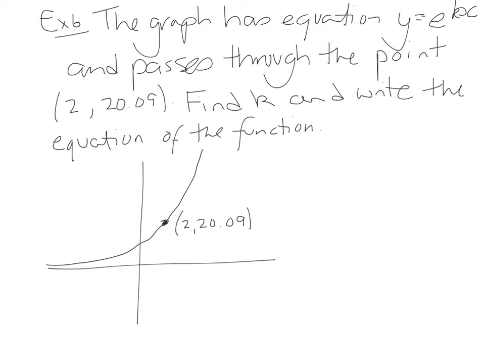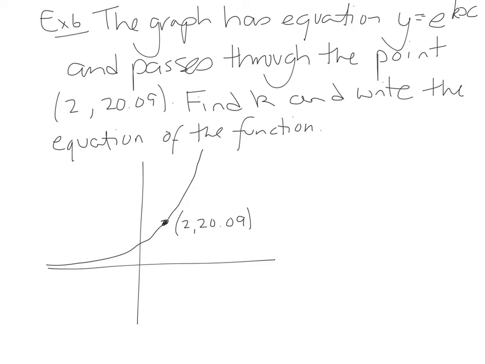Right, the final exercise has a graph and it asks us basically to find out the equation of that graph. So the graph has equation y is equal to e to the power kx and passes through the point 2, 20.09. They want us to find k and then write the equation of the function. So we have an unknown k and we're trying to find that out.